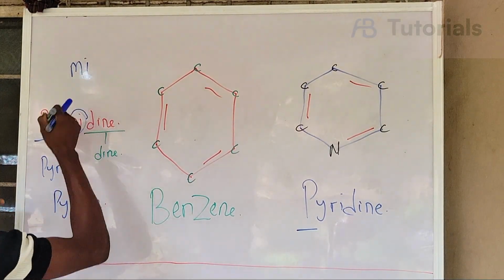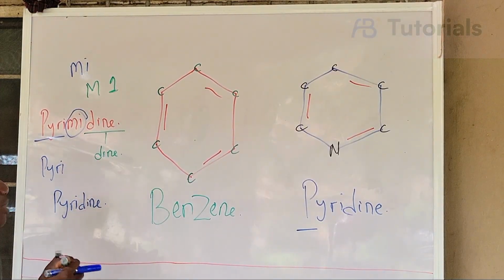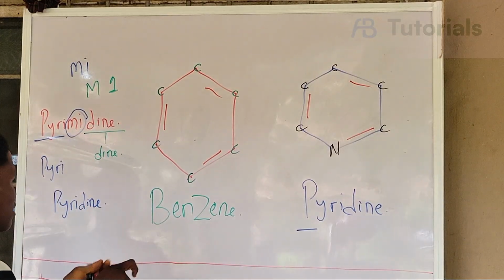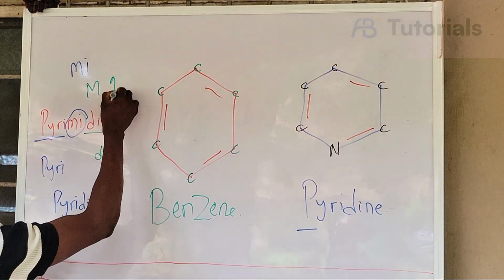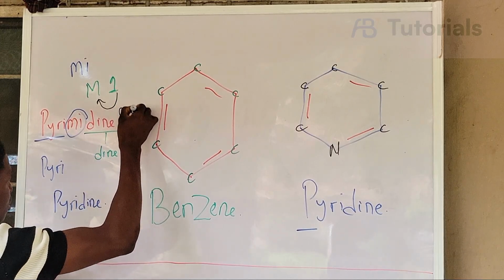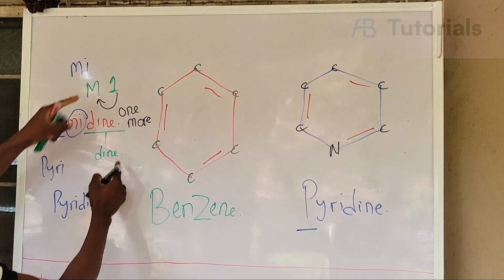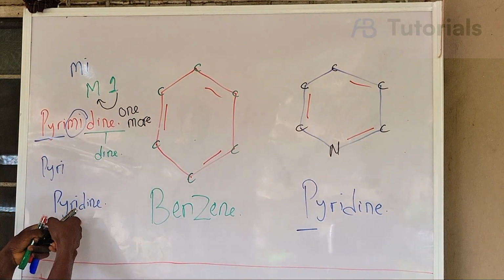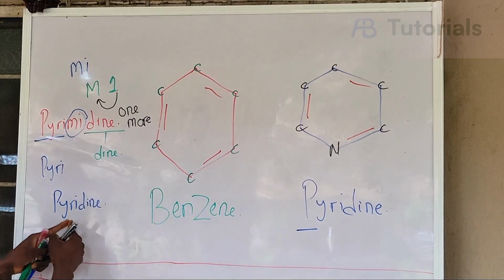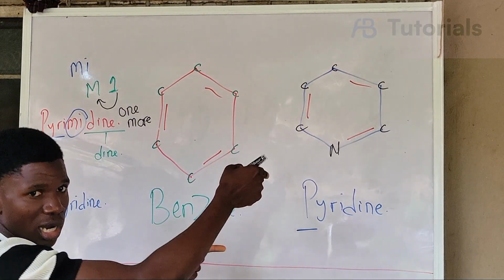I'm seeing this as M and 1, which I can interpret as one more. Now what do I mean by this one more? Add one more nitrogen to your pyridine. Then you get the structure of your pyrimidine. Are you with me?